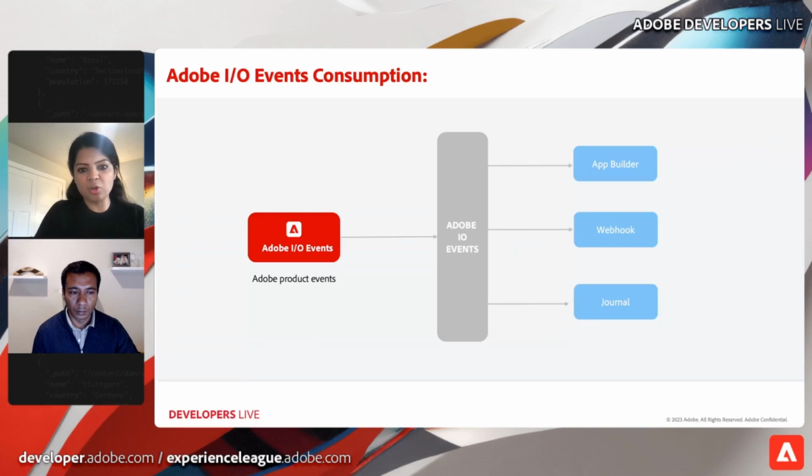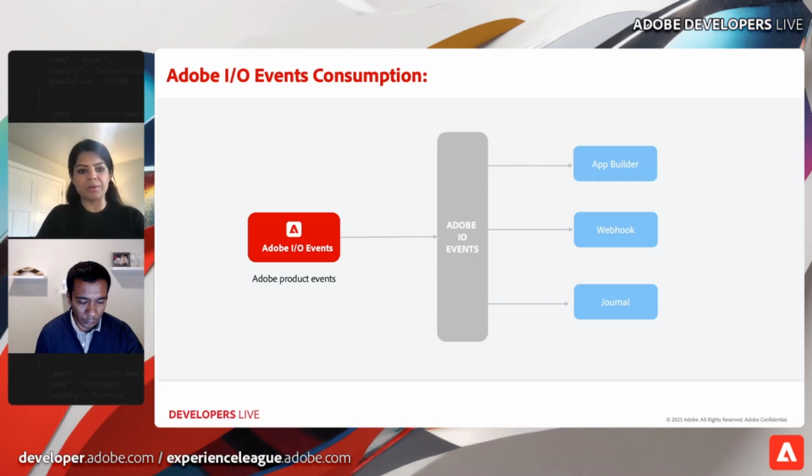Consumers would always be decoupled from each other and could be our product services, our partners, ISV developers, and they can consume by three mechanisms. One is webhook, which is a very simple native mechanism of subscribing to events. Second is journaling.